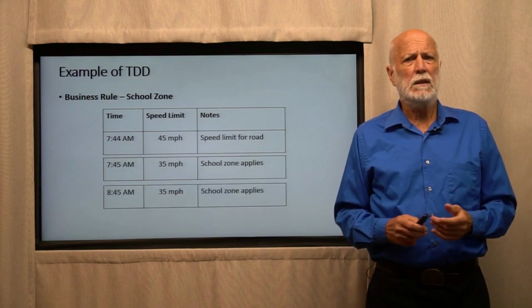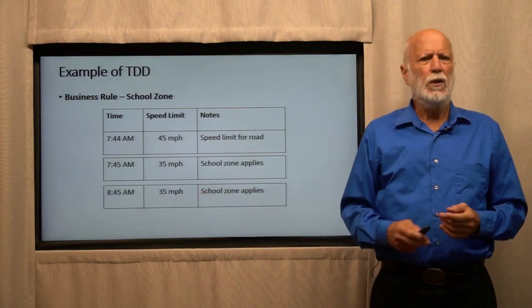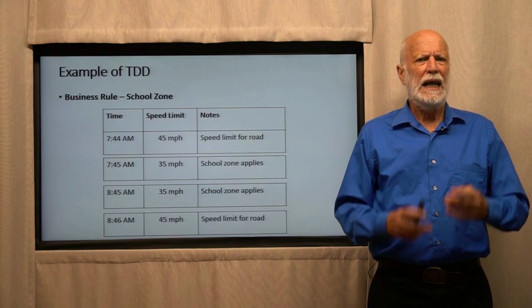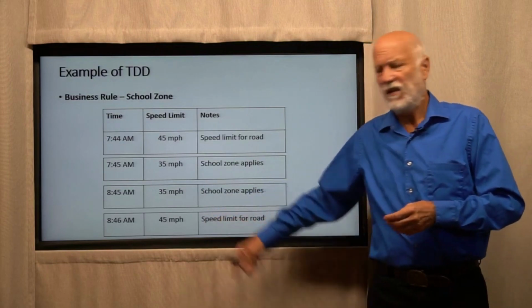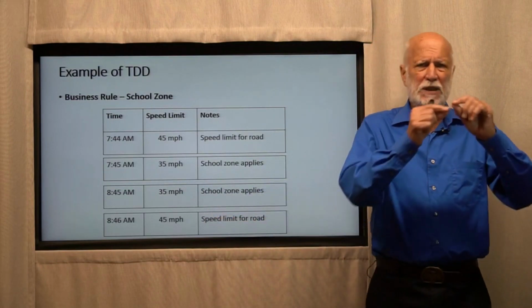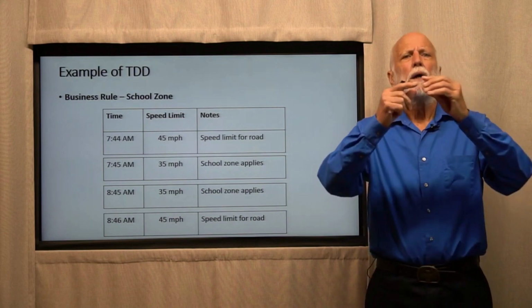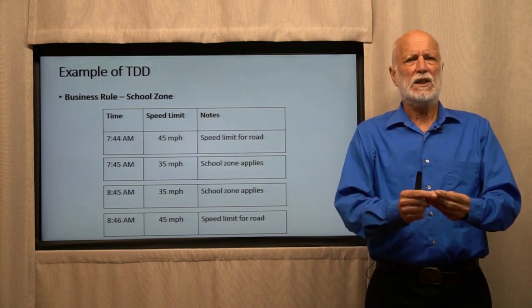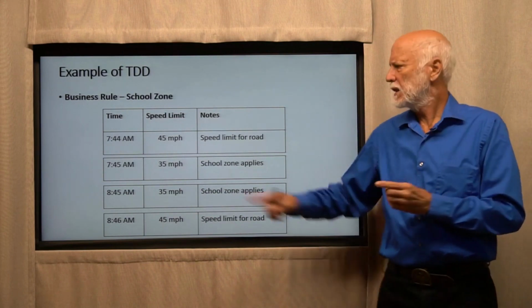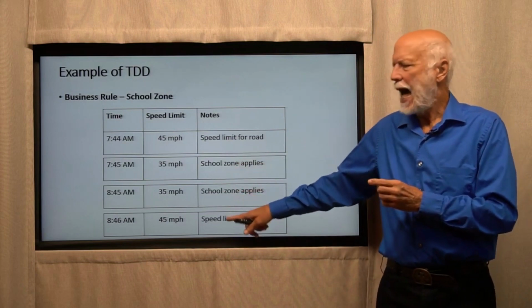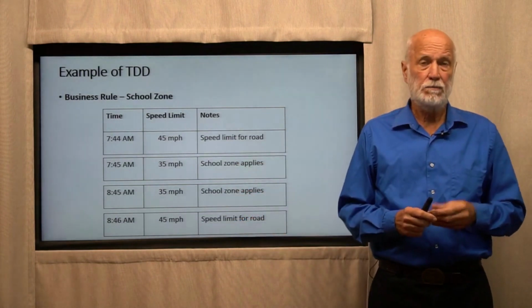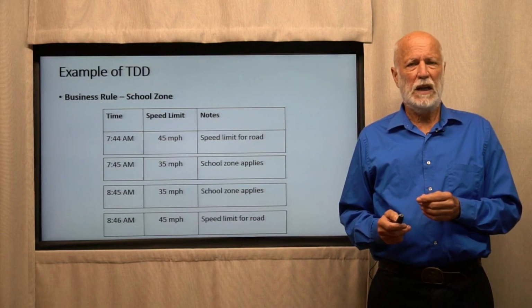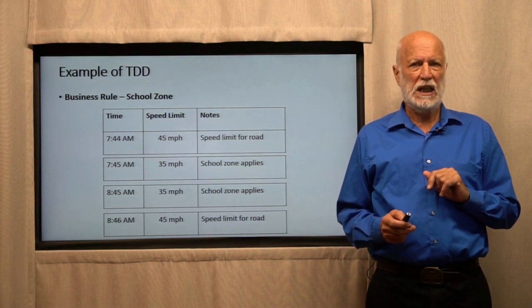And the next test, 8:45 at 35, and so forth. 8:46 at 45. And we'll code one test, we'll write the code to pass it, make sure everything else passes it, and continually add and add more tests. And that's test-driven development. One little test at a time.